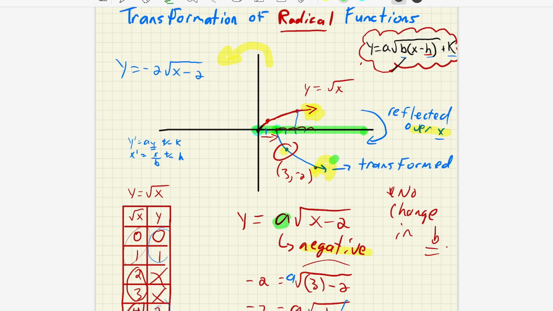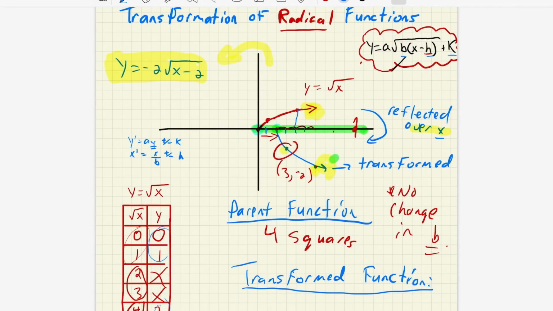Well, then what you would do is, let's say it went all the way to here, we would count the squares. So the original parent function was 4 squares, and then I counted the transformed function, and I knew we drew it all the way to here, but we're going to mark it at the red line over here, was 8 squares wide. I say long, but it really should be wide.